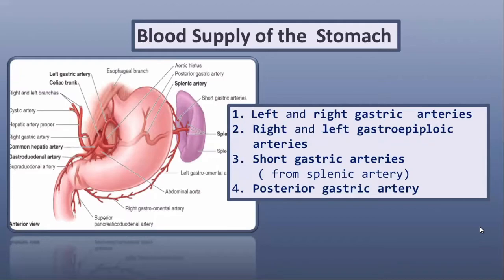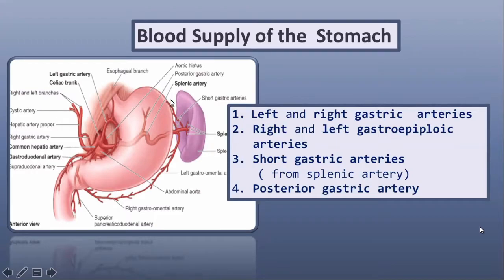So you're familiar with your blood supply of the entire gastrointestinal tract, right? So for the stomach, it arises from your celiac trunk. Your left gastric artery would come from your celiac trunk here, while your right gastric artery would be coming from your hepatic artery, which comes from your celiac trunk. Okay, and these two would anastomose here in the lesser curvature of your stomach.